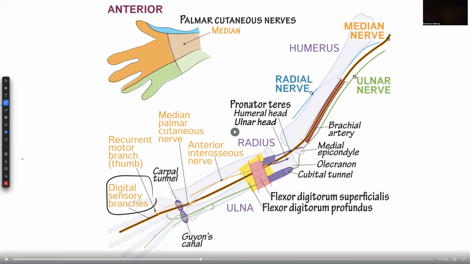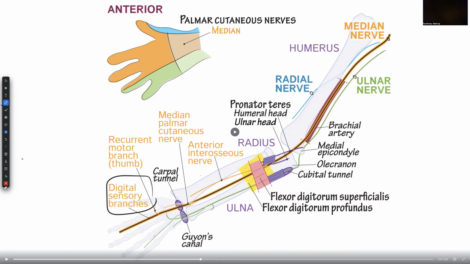And this is the anterior interosseous nerve. As I told you, this is the radius and this is the ulna. It passes between the bones, so it's known as anterior interosseous. I also told you about the flexor digitorum superficialis and flexor digitorum profundus muscles. The median nerve passes in between the deep and superficial heads to enter the forearm.